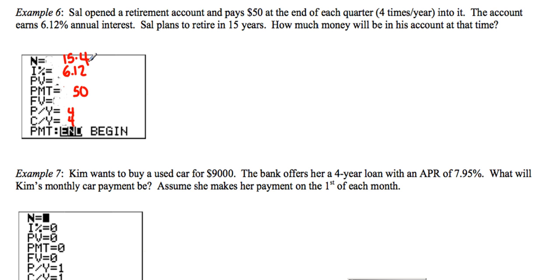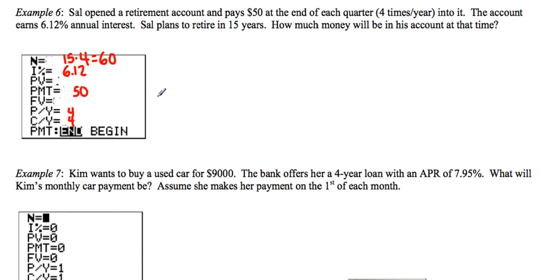So 15 times 4 gives us 60 compounding periods. You can put in 15 times 4, or you can put in 60. Your calculator is cool with either one.